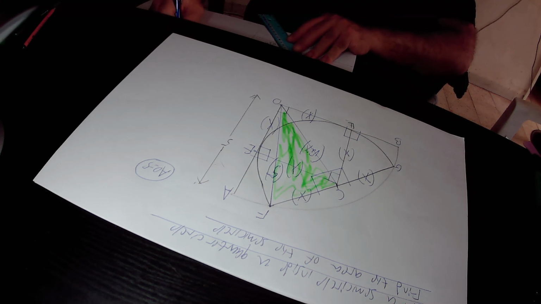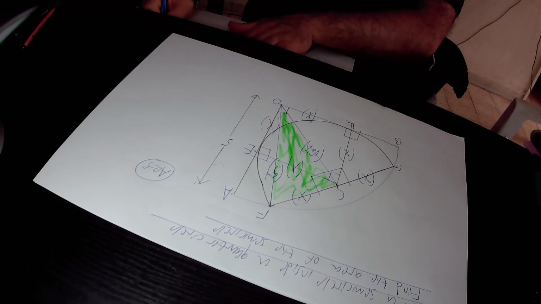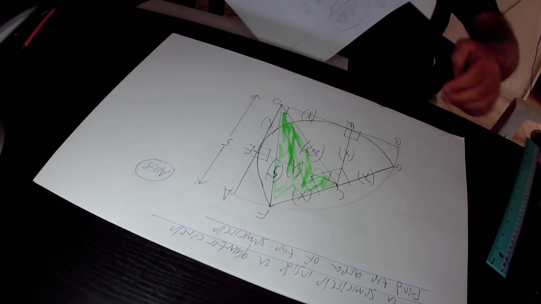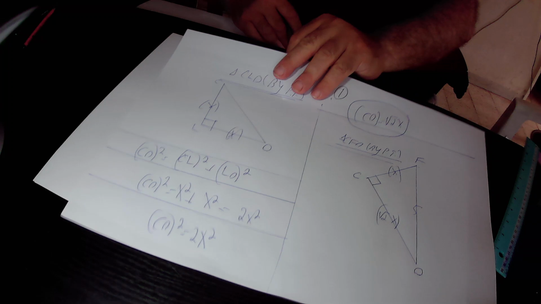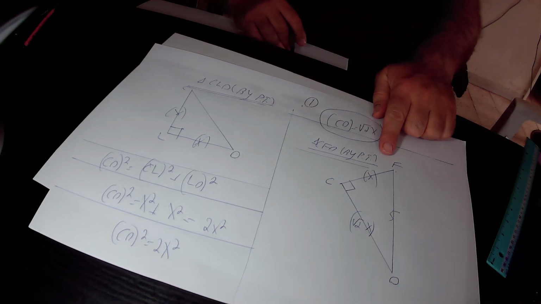Here PT is the version for Pythagoras theorem. So this is the green right triangle CFO that I copied from the original drawing.